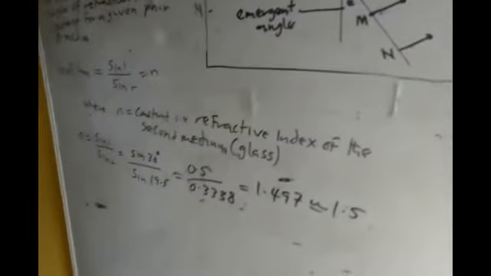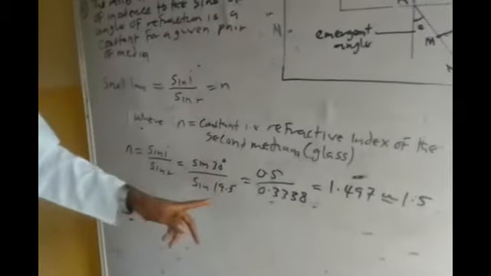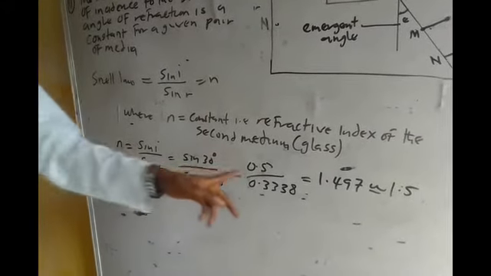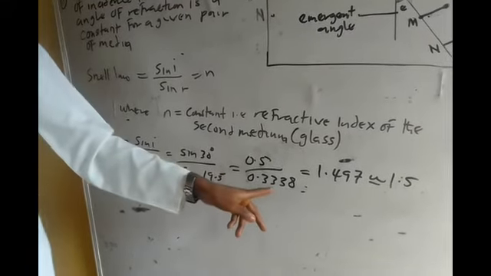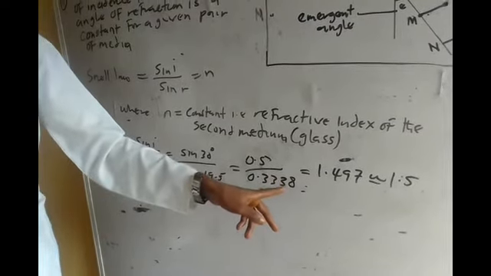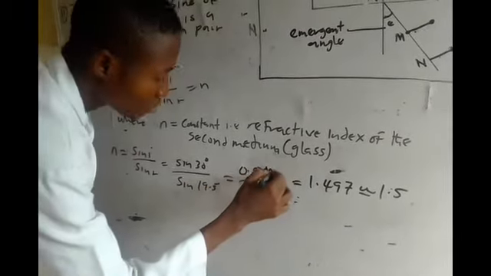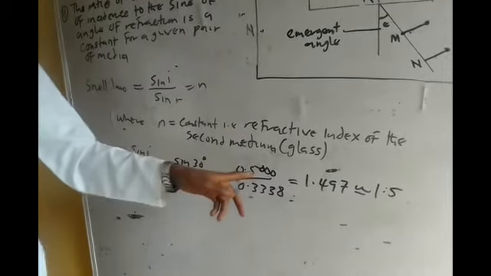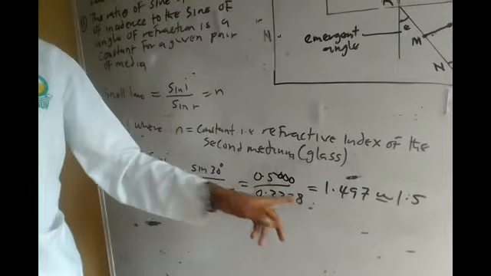From the experiment we have conducted so far, our angle of incidence is 30 and the angle of refraction is 19.5. If you take the ratio of the two, sine 30 is equal to 0.5 and sine 19.5 is equal to 0.3338.